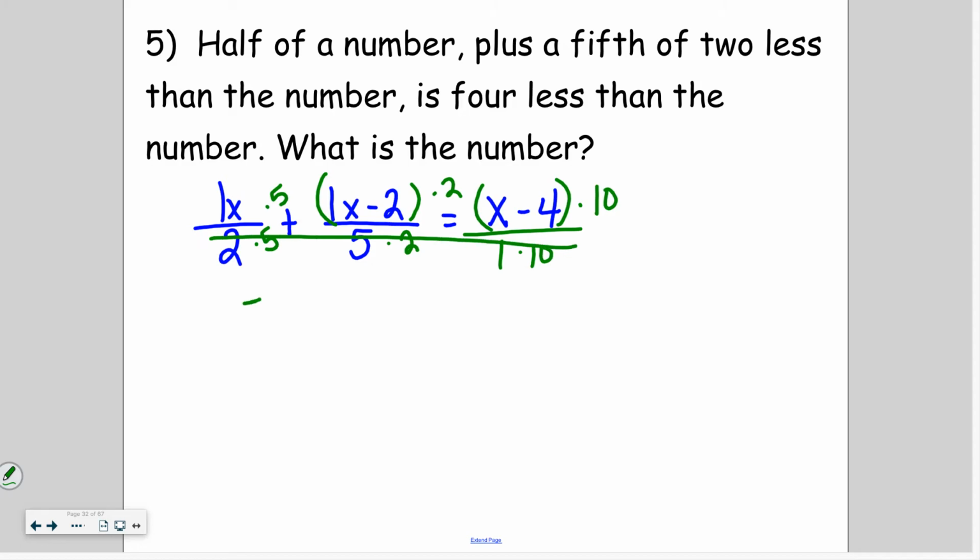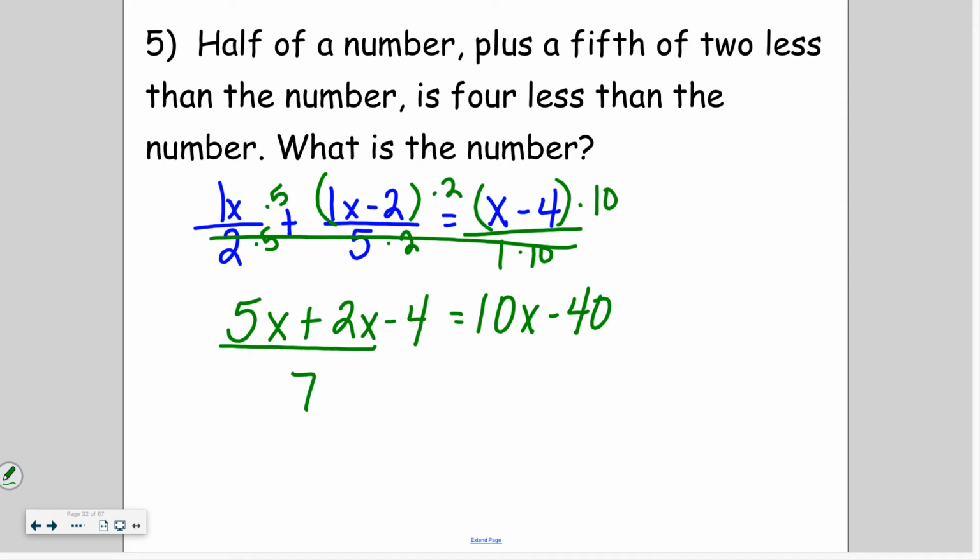So that gives us 5x. Remember, we have to distribute that 2 to the x and the negative 2. So plus 2x minus 4. And then you have to distribute the 10 to the x minus 4. So 10x minus 40. Combine our like terms. 7x minus 4 is equal to 10x minus 40. I want to keep my x positive if at all possible, so I'm going to move the 7x.